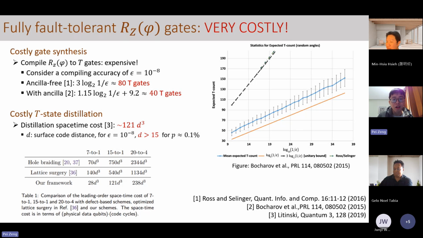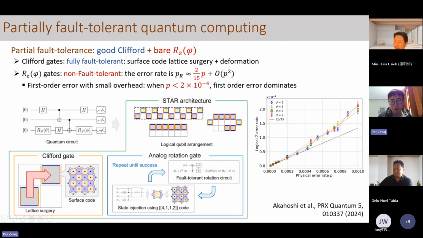So the motivation of our work in this talk is to try to reduce the cost of these rotation gates. The major inspiration is a paper by the group of Kensuke Fuji from Osaka University.